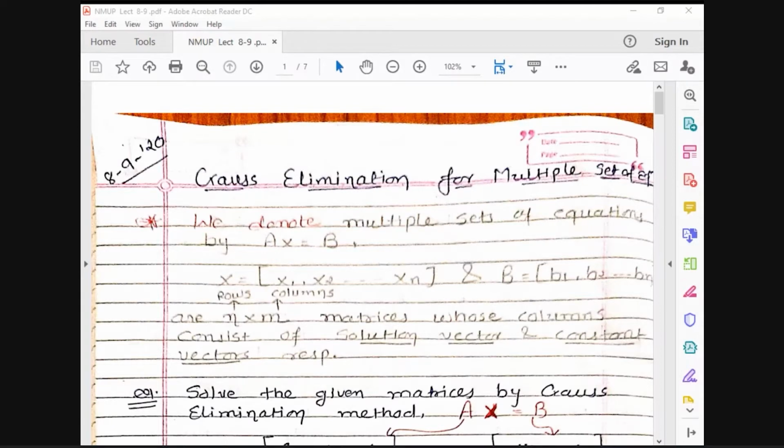And because of that reason only, you are not able to find the appropriate values of the variables x, y, and z, right? So for one set of equations, there is no possible solution. And for the second set of equations, the values of x, y, and z were 1, 1, and 1.